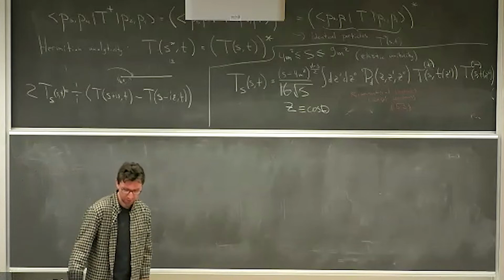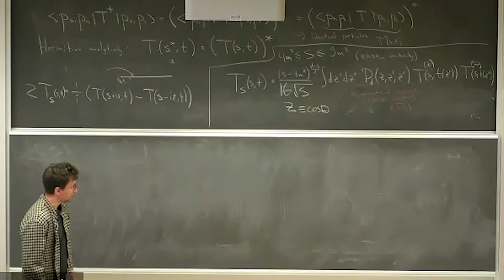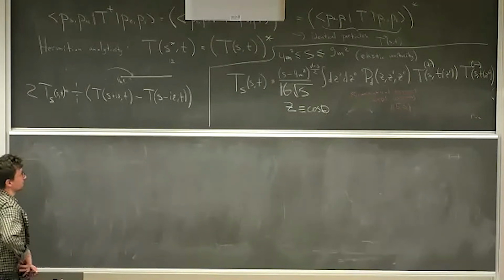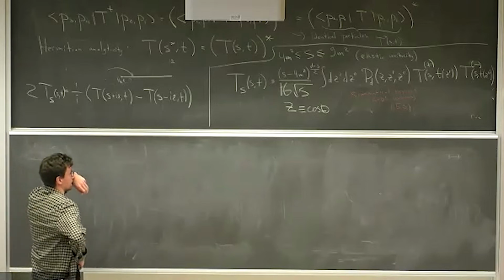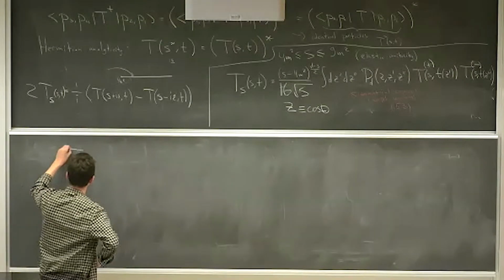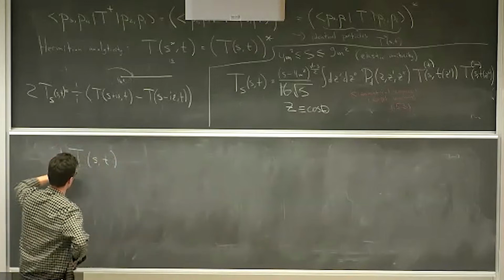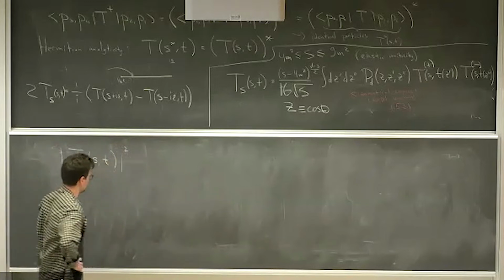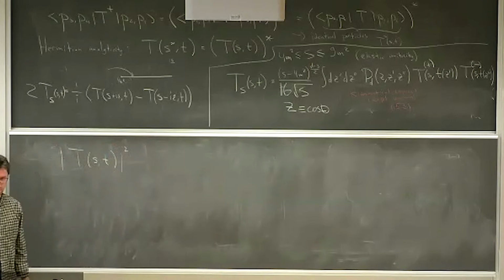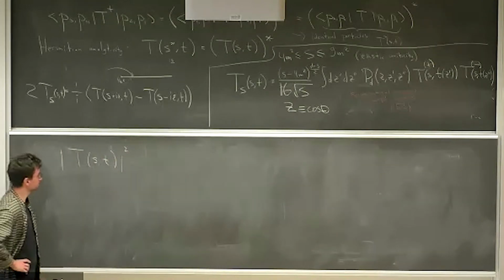And what we do in collider experiments usually is that, let's say we have this function T of s and t, and then we measure its absolute value squared, which is a probability, known as a differential cross section.